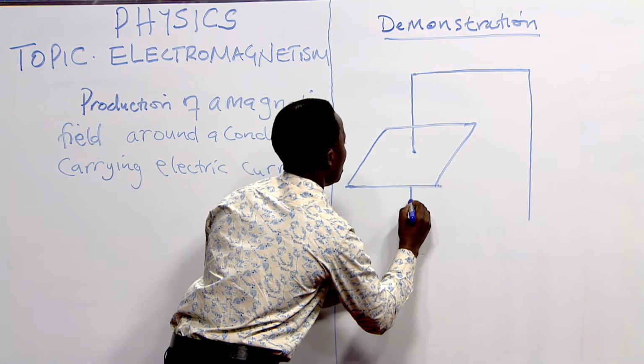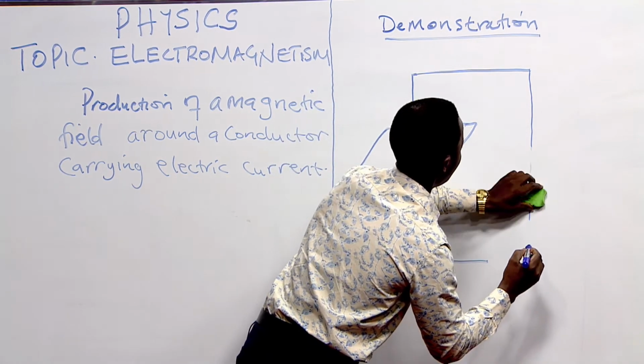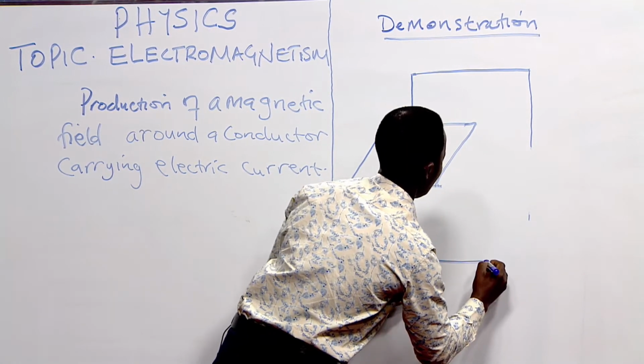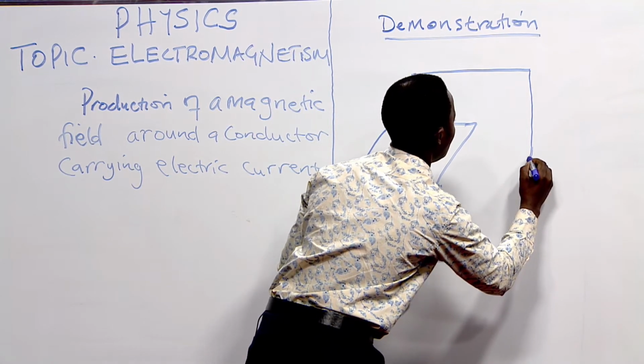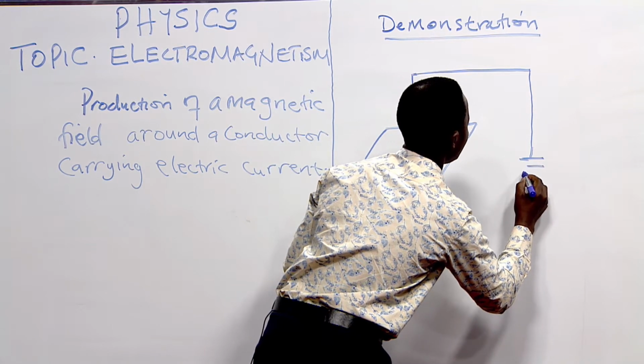The wire comes out this side, and then connect it to a battery, that is a cell.